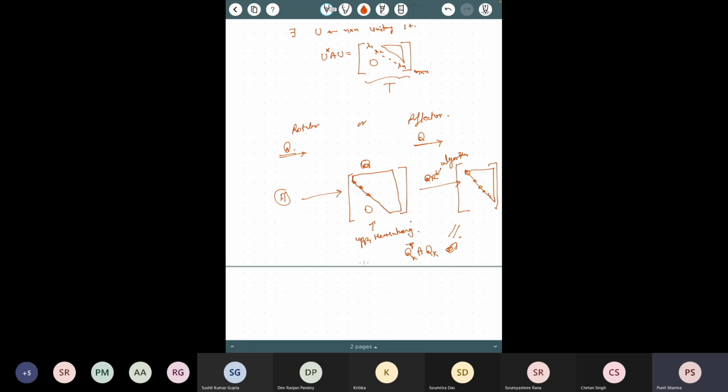I also gave you examples, or at least told you how one can choose rotators and reflectors in order to create zeros in a vector.